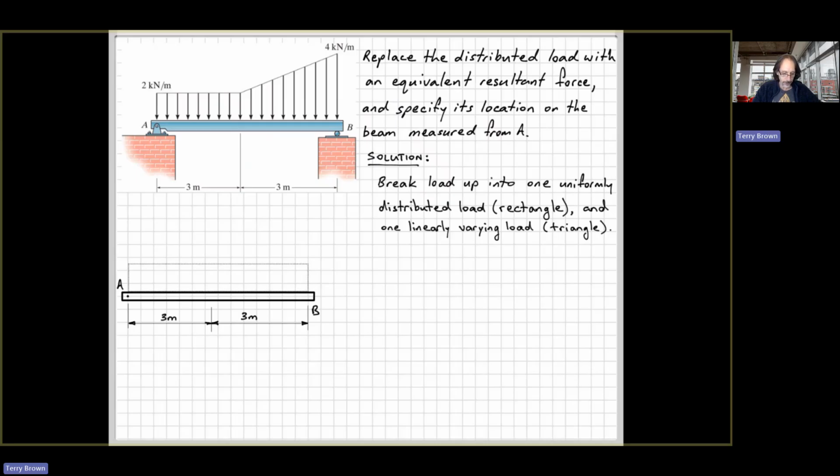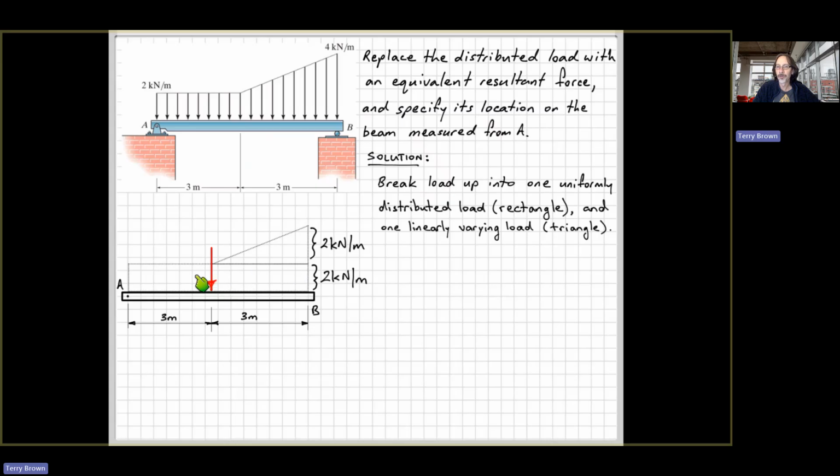Firstly, we've got our uniformly distributed load here, all the way across the beam, and then that has a magnitude of 2 kilonewtons per meter, and then sitting on top of that from halfway is the little triangular area which goes up to 4 kilonewtons per meter, so 2 plus 2 here gives us that. And firstly we'll work out the equivalent single force for the uniformly distributed load, and we know that the force will pass through the centroid of the shape.